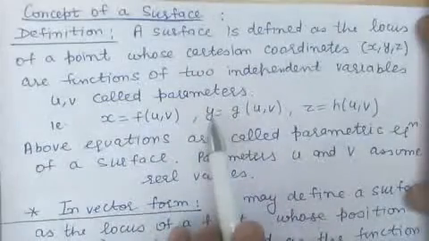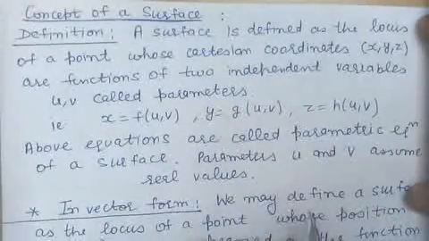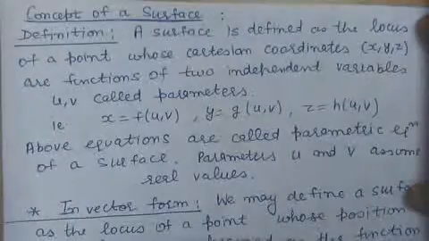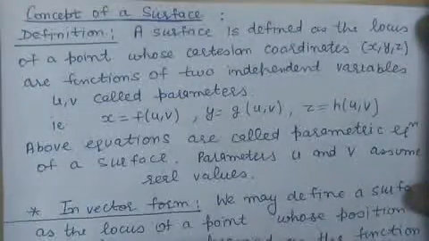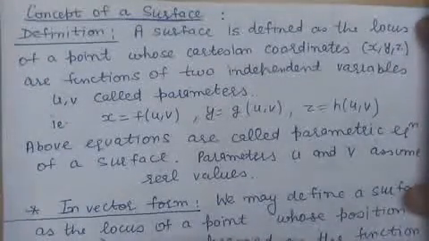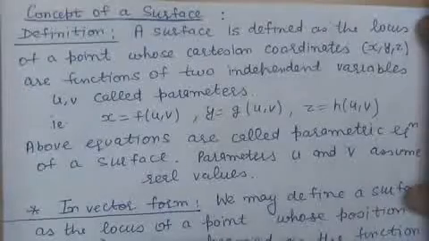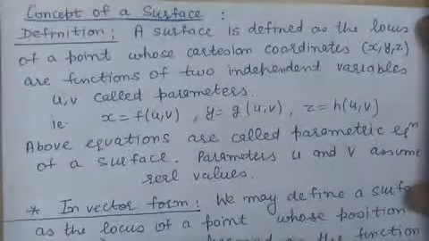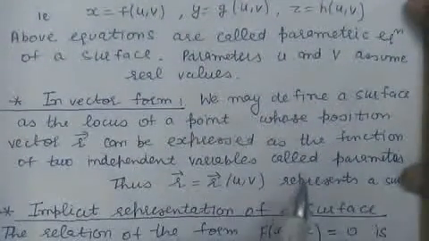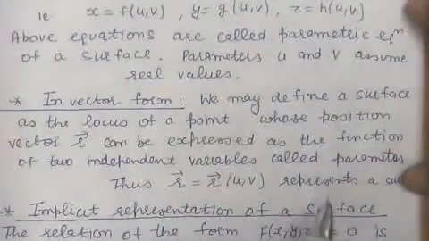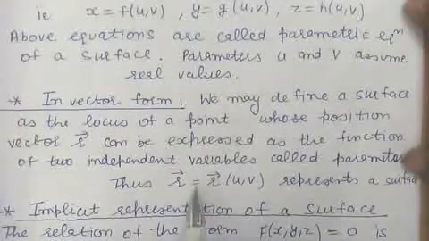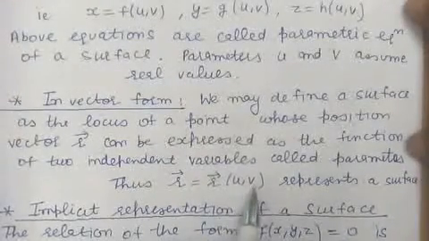These equations are called the parametric equations of a surface, or this kind of representation of the surface is also called explicit representation of the surface. Here the parameters u and v take real values. In the vector form, we can write the equation of the surface as vector r equal to vector r as a function of u and v.